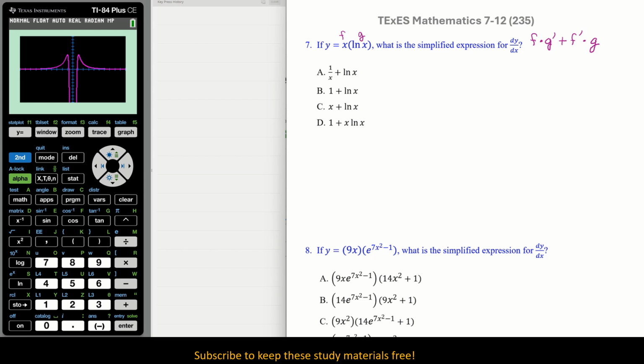So that means for y prime, we have x multiplied by, well, this is the next rule, the first derivative of ln x, which is 1 over x.